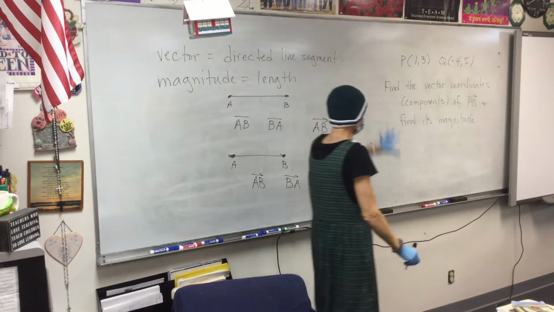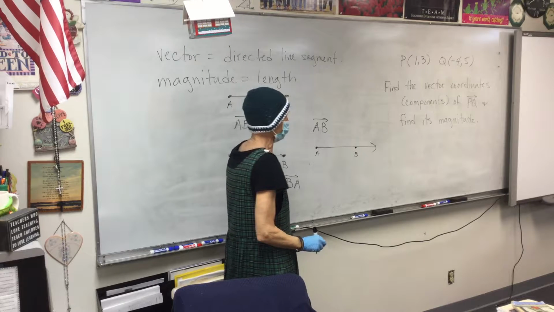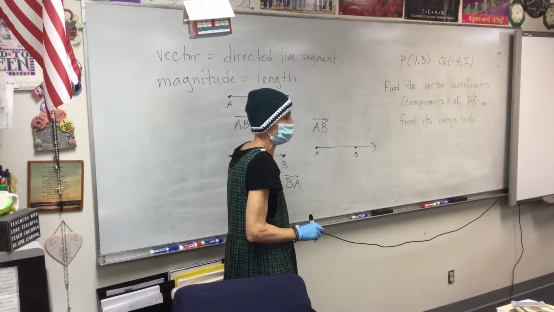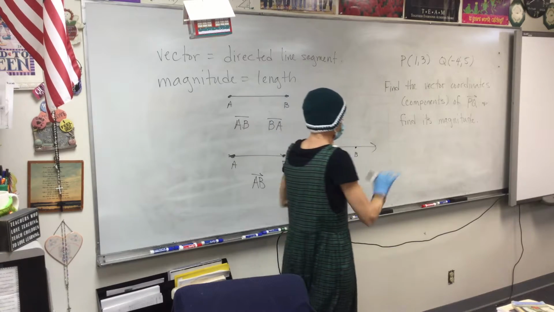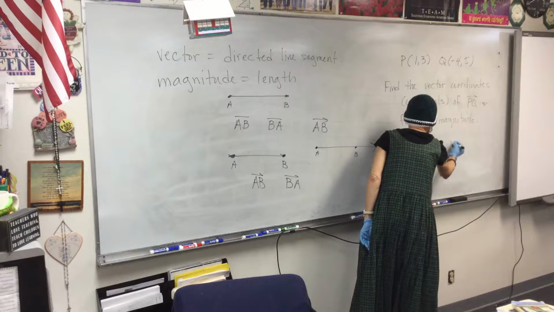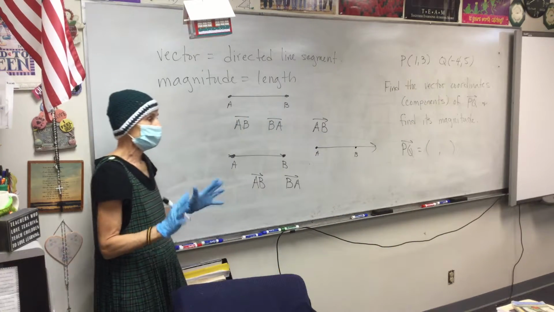Now, this is one of those problems that when you read it, you think, I'm smart if I can do this. This is a really complicated situation. It really isn't. I mean, you are smart, but this is easy. Vector PQ, his coordinates. And we're going to write them like an ordered pair.